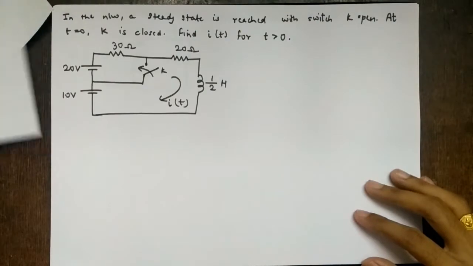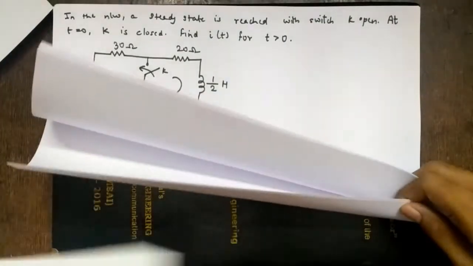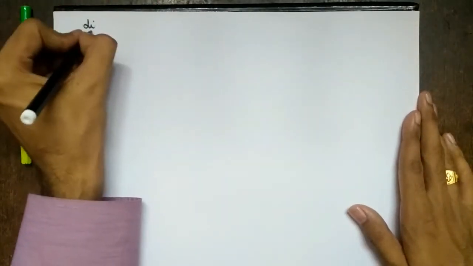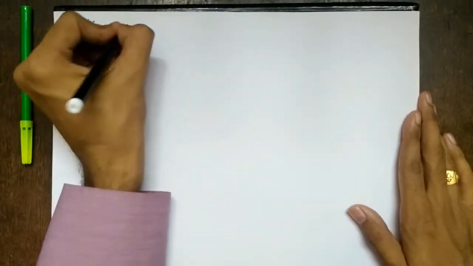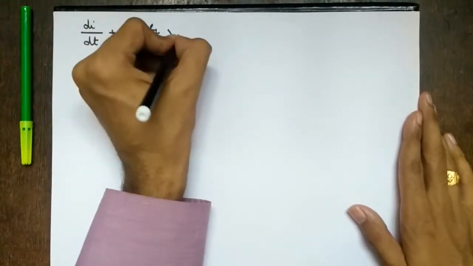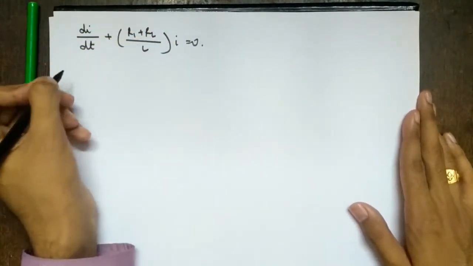Let me write this again: di by dt plus R1 plus R2 upon L into I equals 0.